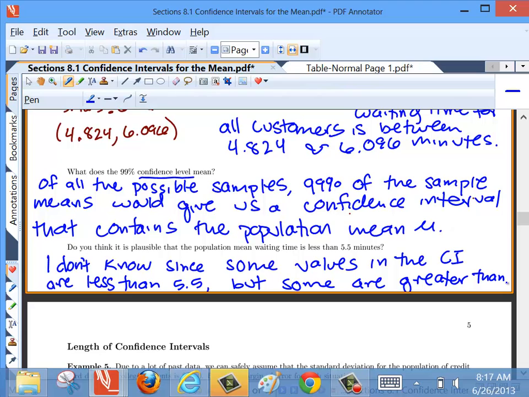Now if I just asked you whether 5.5 is plausible, I'd probably say yeah, 5.5 is plausible because it is in the confidence interval. But as far as less than, I don't really know if it's less than because it could also be greater than.